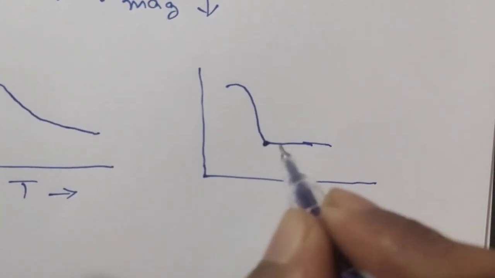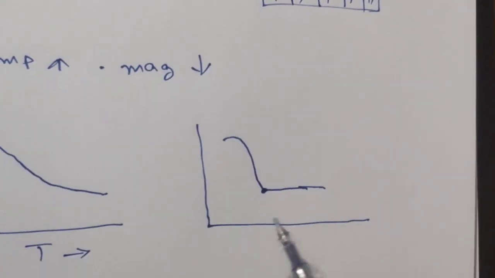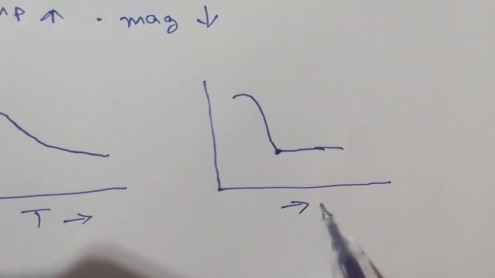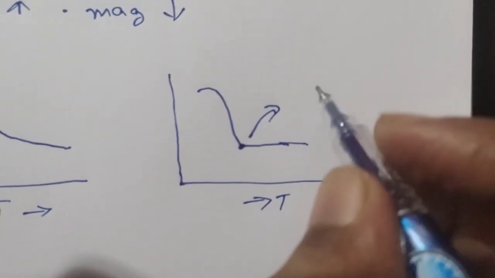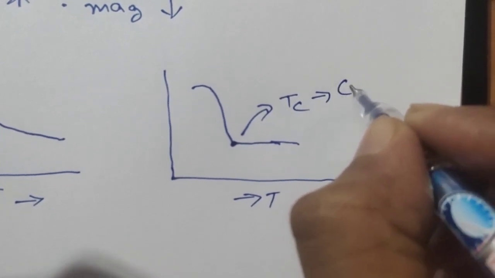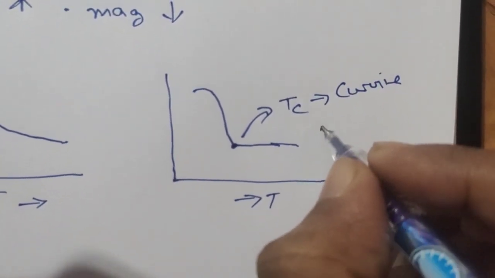After a certain temperature it basically gets converted to paramagnetic compounds, and this point we call the Curie temperature or Curie point. This is for ferromagnetic.